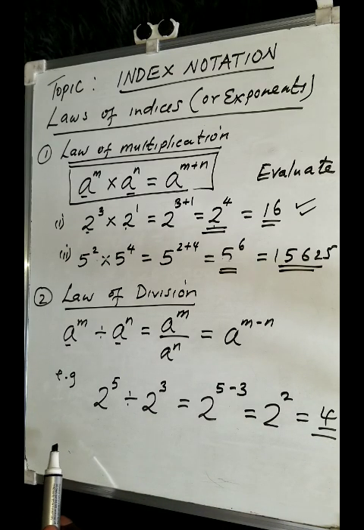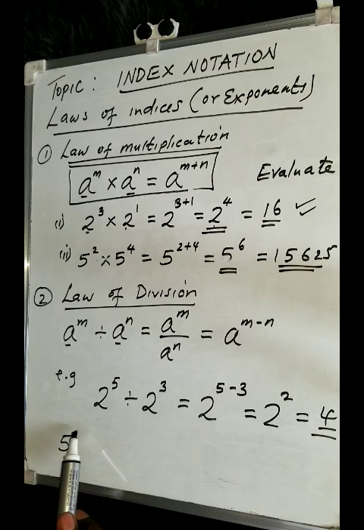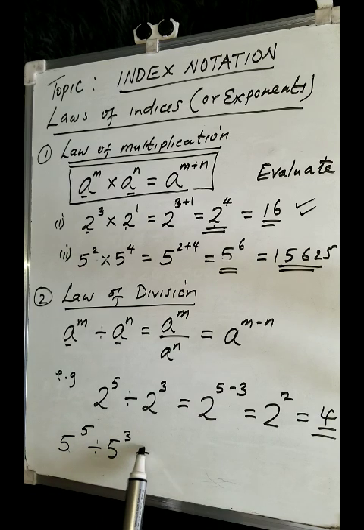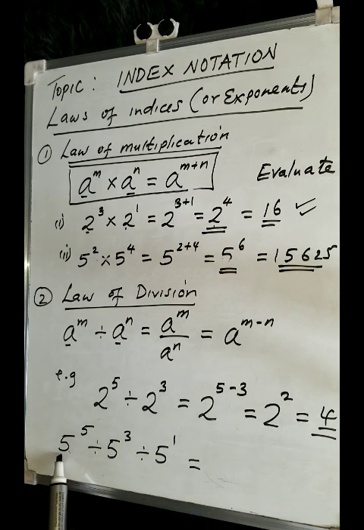Now it applies even if you have 2 or more. So it can be 5 raised to the power 5 divided by 5 raised to the power 3 divided again by 5 raised to the power 1. You apply the same. The bases are all the same, so you get the base.